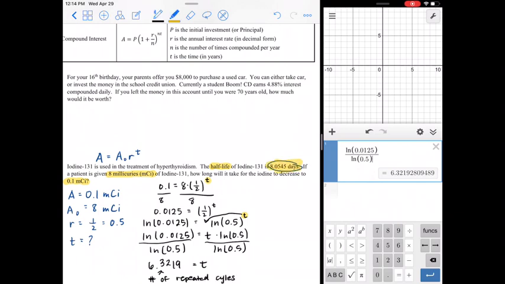But remember this, how long do those cycles last? Well, if I multiply 6.3219 by 8.0545, that's going to get me the number of days that it will take.